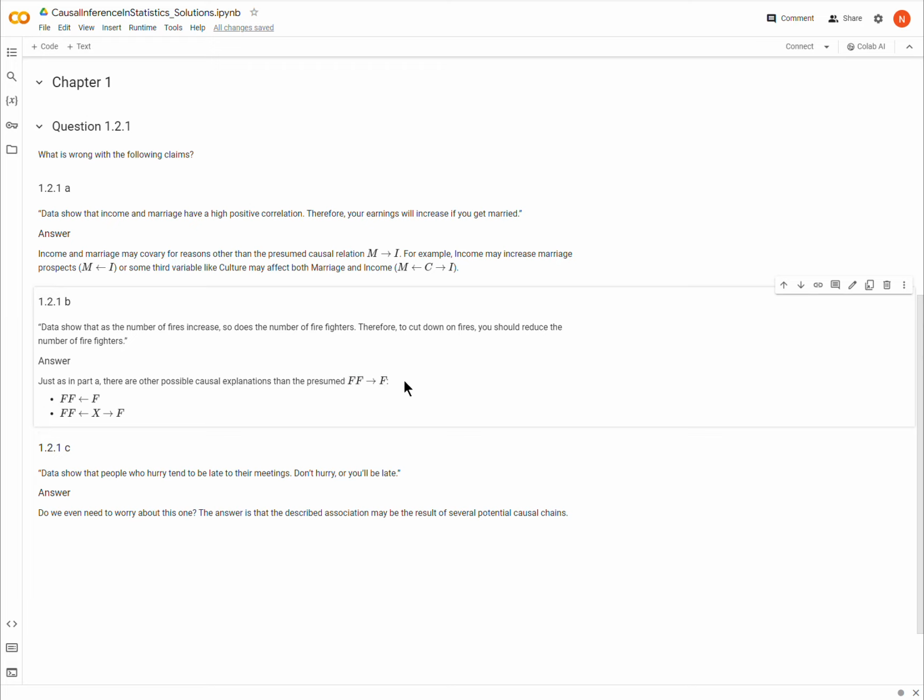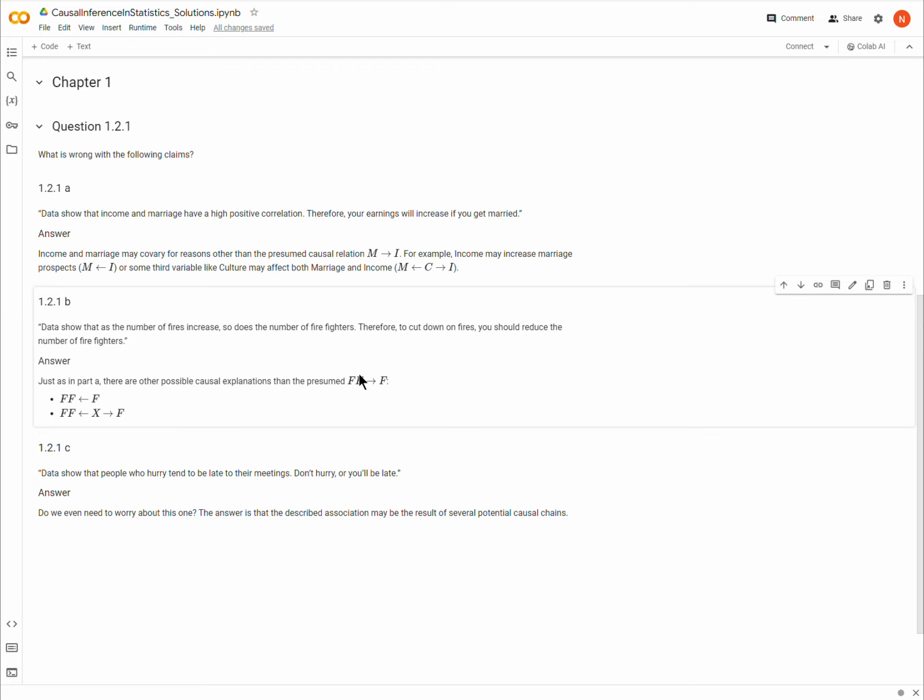Which is obviously kind of ridiculous. But if we just had the number of fires and the number of firefighters in our data, we would only know that's ridiculous because of information that is found outside of the data set itself, right? So in other words, to observe this association does not tell us anything about the causal inference, right?